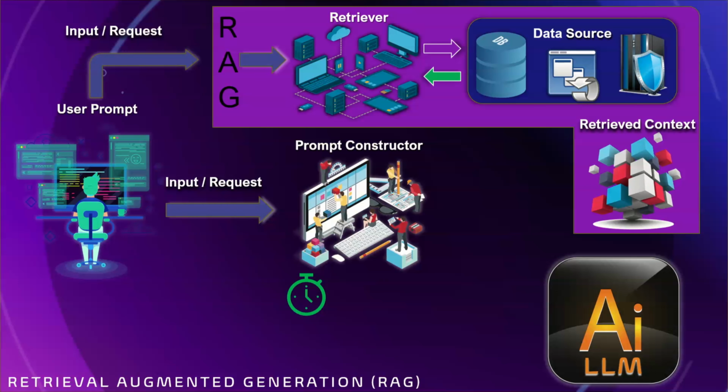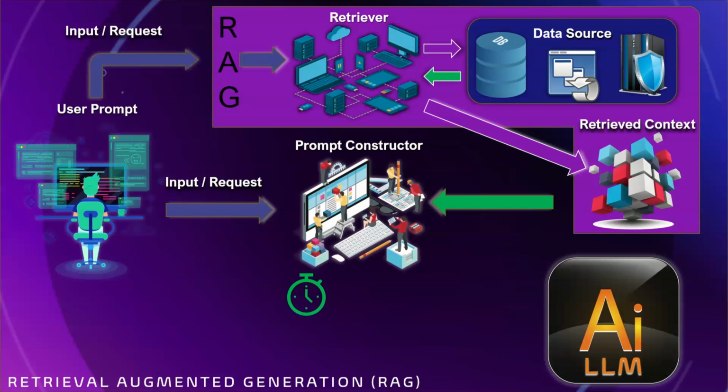It's called raw information. Then the retriever, in cooperation with the retrieved context, will make this concise and enhance this context, making sure that the context is exactly related to the topic or the input, the prompt which you sent. Then the retrieved context is sent to the prompt constructor.